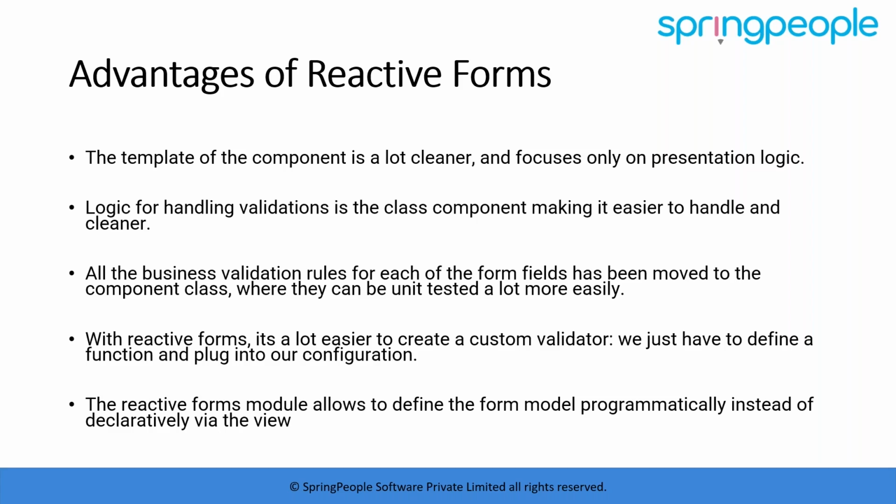Because my forms are all created in the model or in the class component, when I'm creating a form, I don't have to worry too much, because all I have to do is look at the form controls that I'm creating in the backend and match the same with the view that I have. So there is no chance of me creating excess elements or matching wrong elements, because what I'm creating in the backend, I already have available to create a view that is going to work together beautifully.